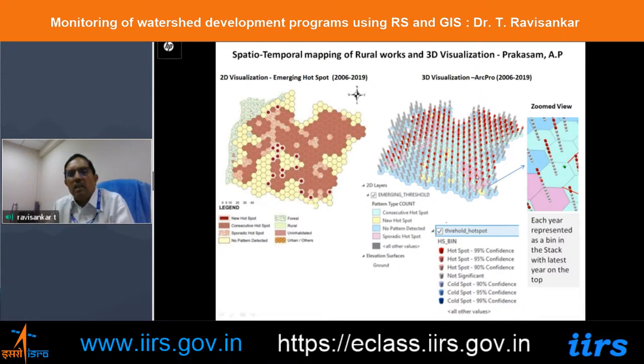The top one is the latest one, like 2015, 16 or some latest year, and the bottom one, the grayscale, is the oldest one. Each grid, for example this blue color grid, means no pattern is detected, yellow means a new hotspot area is detected, and the light green areas show hotspots across the years. So with this type of visualization, which year, where it is changing, we can easily assess the results and what has been the impact in the rural areas.